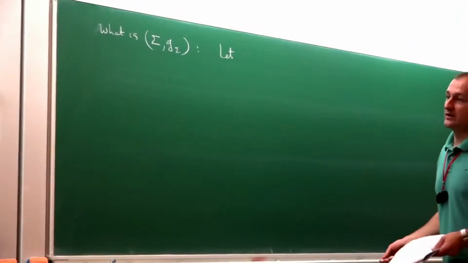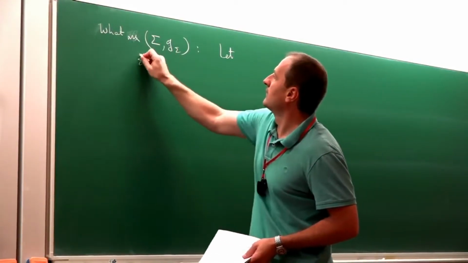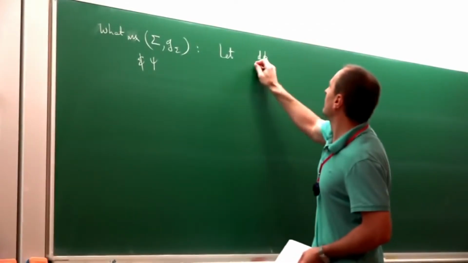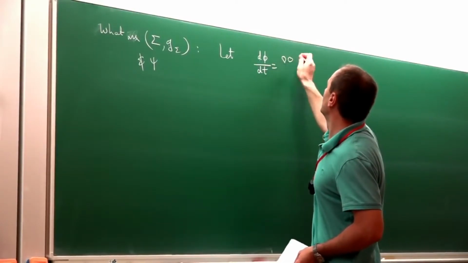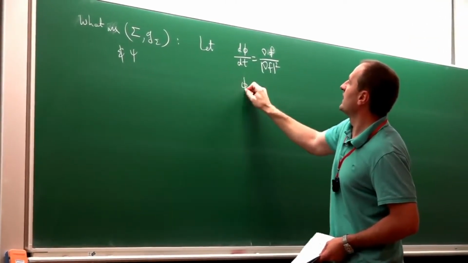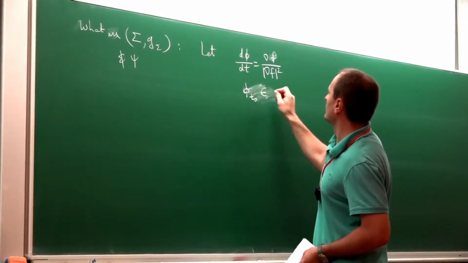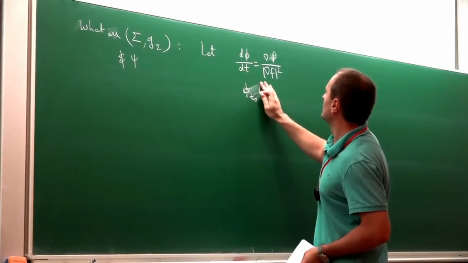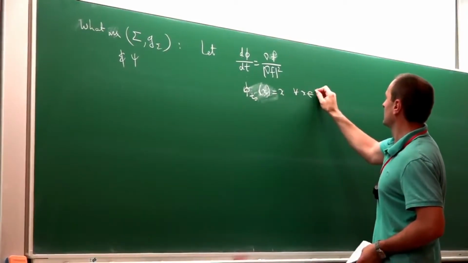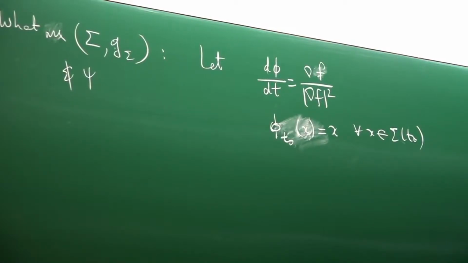So how do I construct psi and sigma? I'll just take the flow of the potential. So say initially I want this to be identity on the, so I want to flow the level set at t naught.